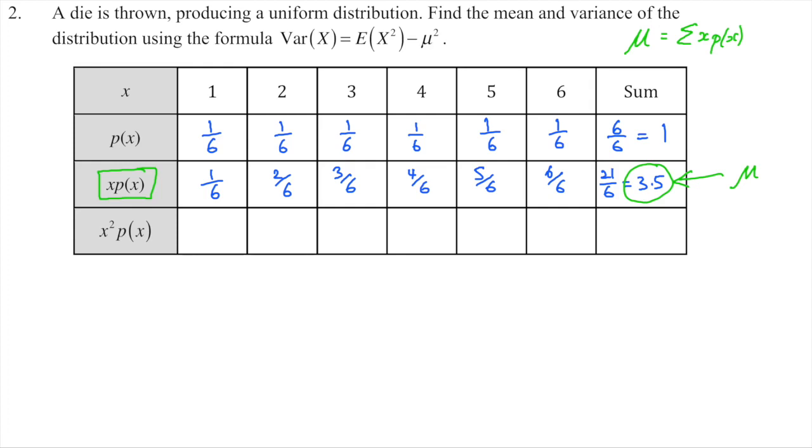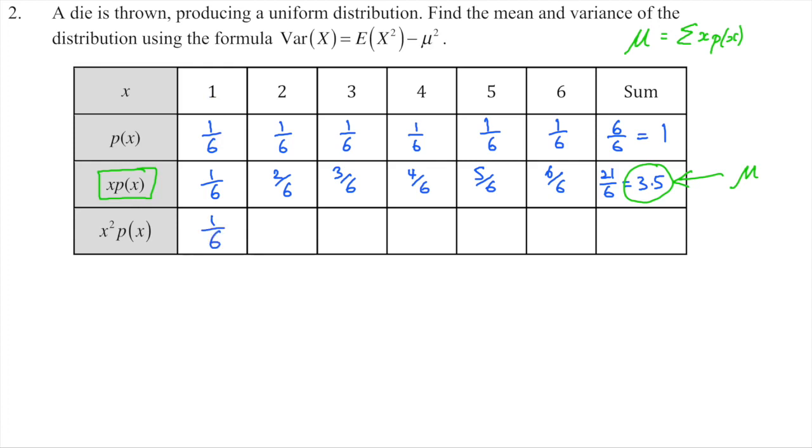Now, remember mu is the average as well. The next thing we need to do is the x squared times p of x. So I've got to take the x value and square it, and then multiply it by p of x. Okay, so it's now 1 squared times 1 over 6.